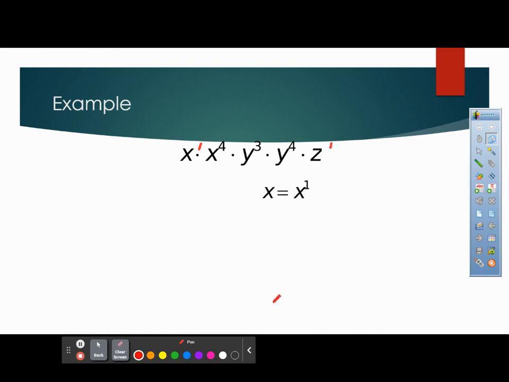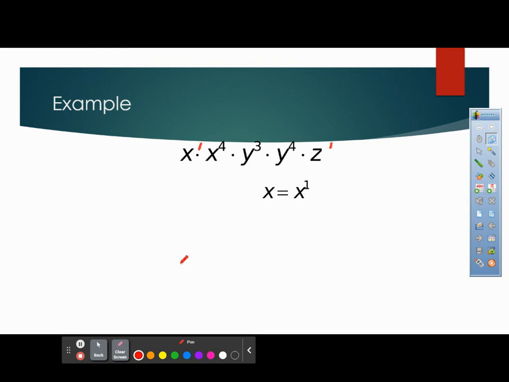Just to remind me. Now, whenever you add exponents, they have to have the same base. So you couldn't do 1 plus 4 plus 3 plus 4 plus 1 because they're not the same base. So you're going to have to group bases together, and you want to do it in alphabetical order. First you would group together the x's.